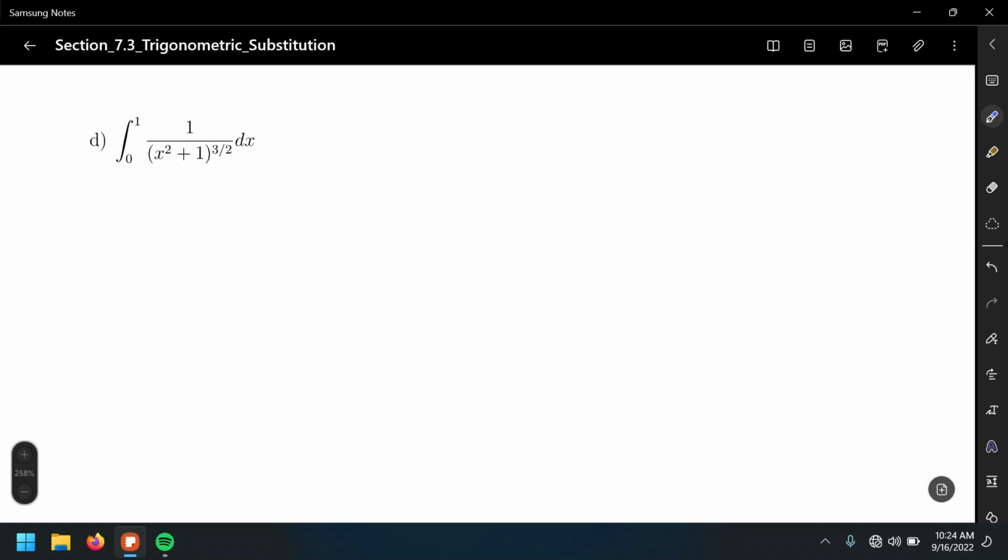Well, recall that when we have a rational exponent, the denominator of the rational exponent indicates the index of the radical. That means in this case we can rewrite this integral from 0 to 1 of the square root of x squared plus 1, and that quantity cubed dx.